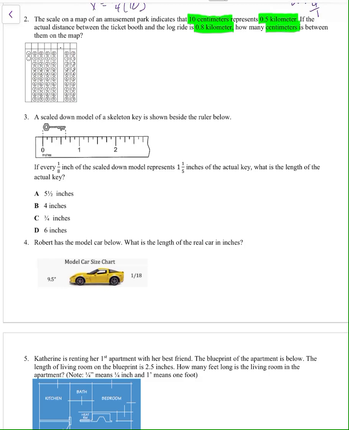Okay, so the comparison is centimeters to kilometers. 10 centimeters is a half a kilometer, and then there's 8/10 kilometers. Well, I don't know the scale factor of what times 0.5 gives me 8/10, so I'm going to go ahead and cross multiply. Remember, when you cross multiply, you multiply the diagonals, right?